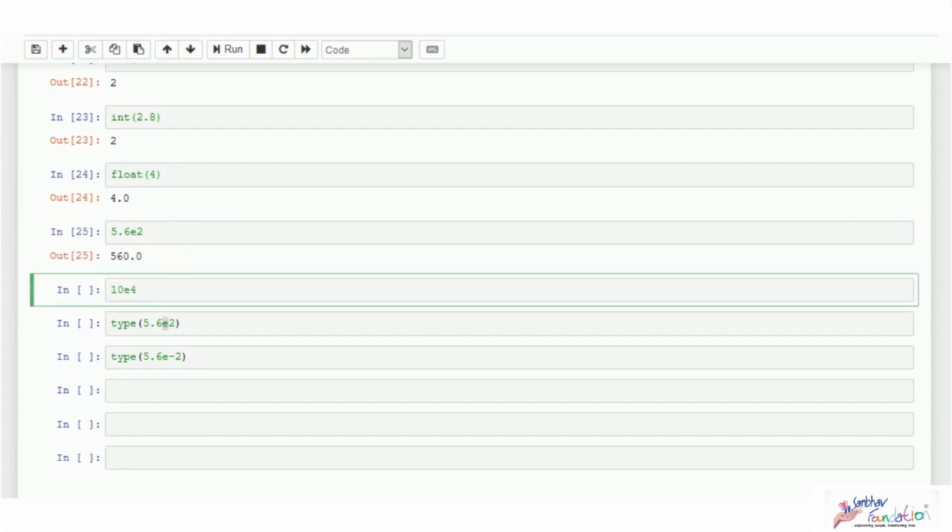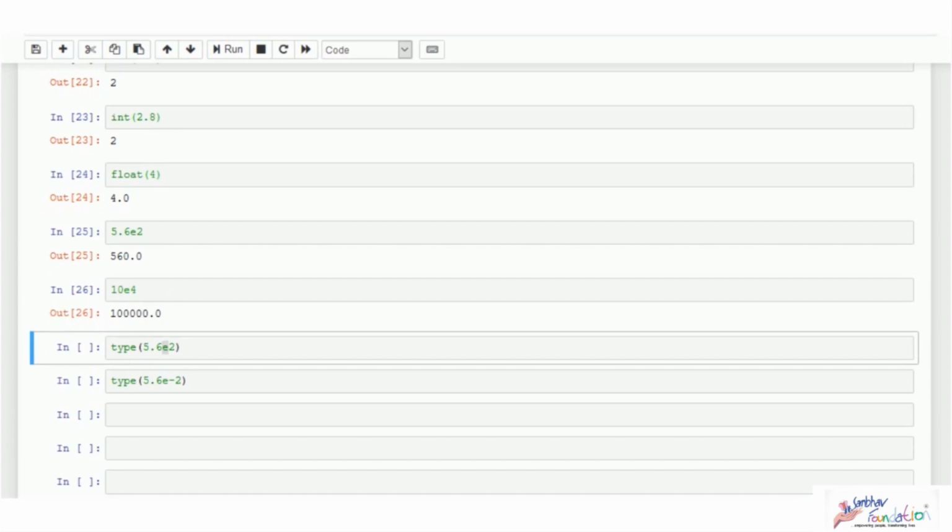Likewise, 10 E4 means 10 into 10 power 4. So this e is into 10 power. 10 into 10 power 4, that is 10 into 10,000, which will give you 1 lakh.